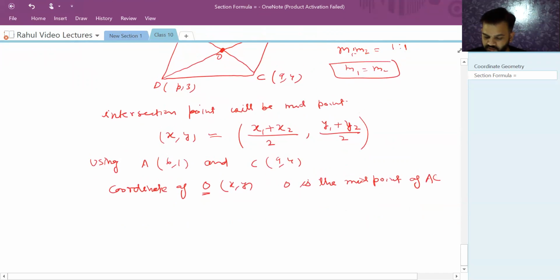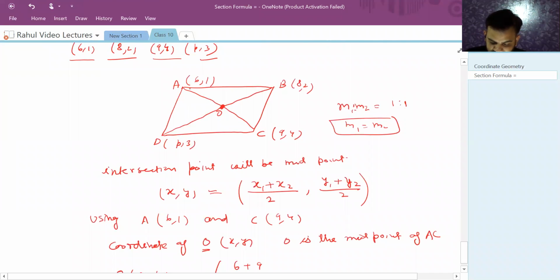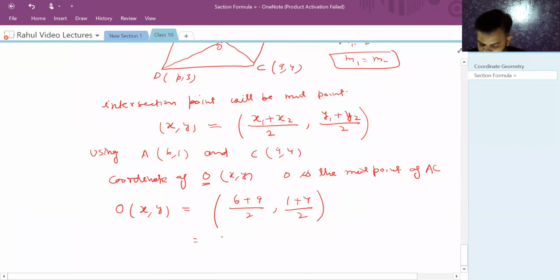When O is the midpoint of AC, then O (x, y) will be equal to (6 plus 9) divided by 2, and (1 plus 4) divided by 2. So that will be 15 divided by 2 and 5 divided by 2. So these are the coordinates of O.